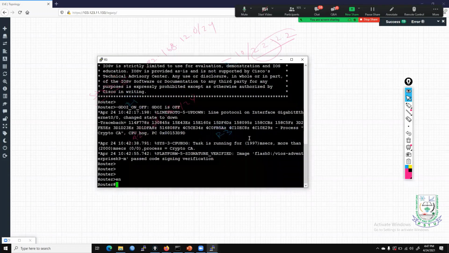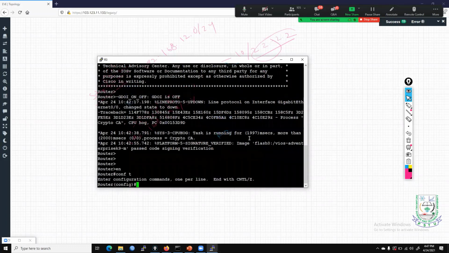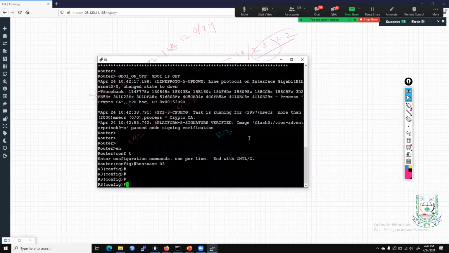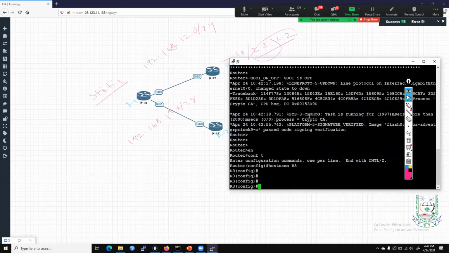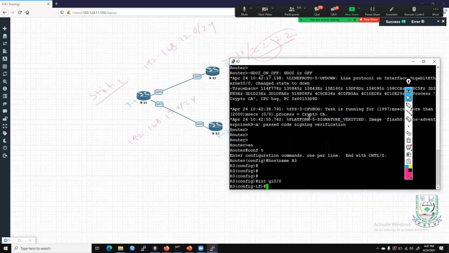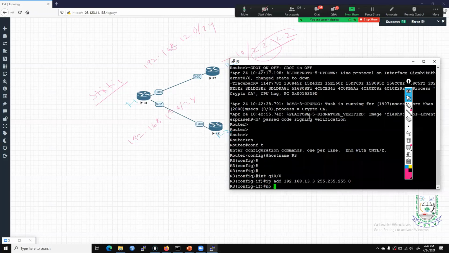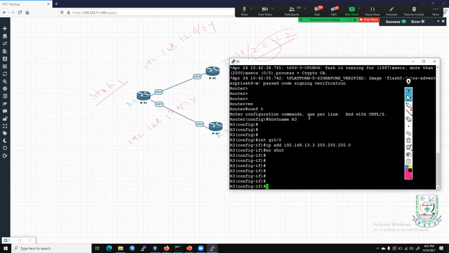So this is R3. The interface we need to configure is gig 0/0, and the IP address is 192.168.13.3 for our router 3, the subnet mask is 255.255.255.0, and also the no shut command to bring up the interface.